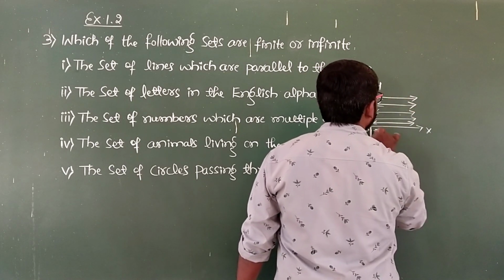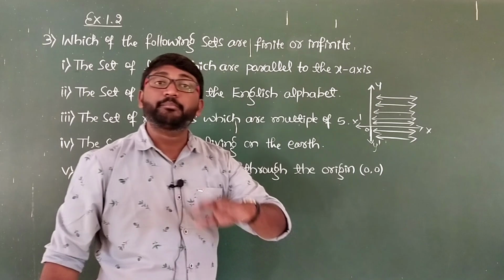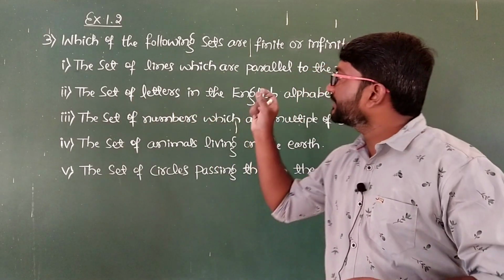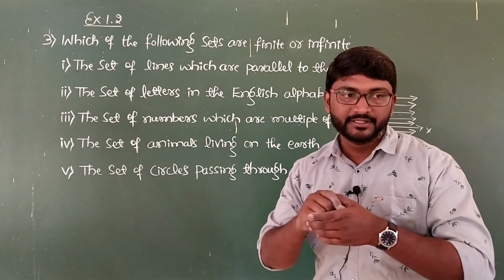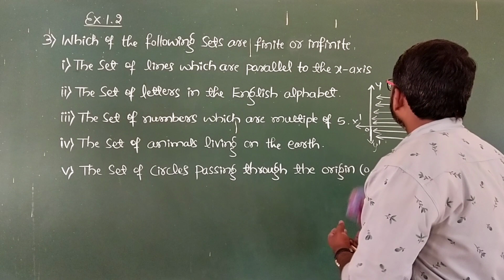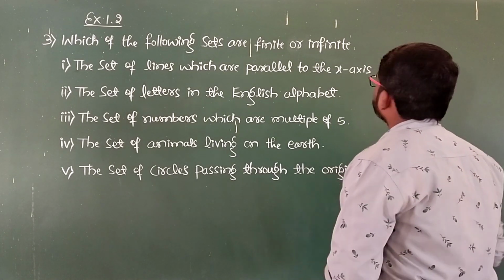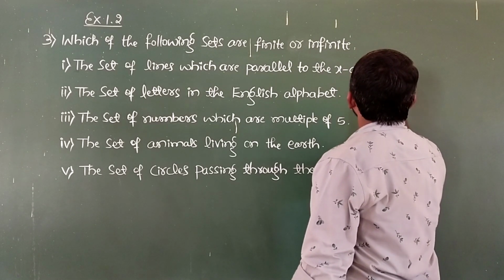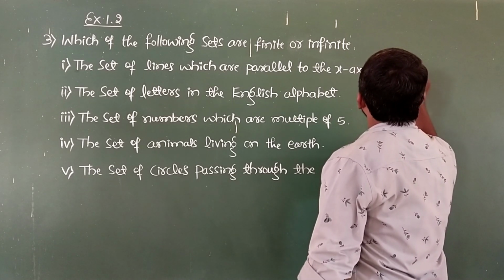Like this you can have infinitely many lines parallel to the x-axis. Therefore the set of lines parallel to the x-axis is an infinite set because it has infinite elements. So the first one is infinite.